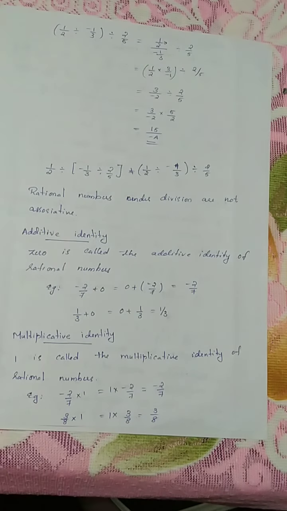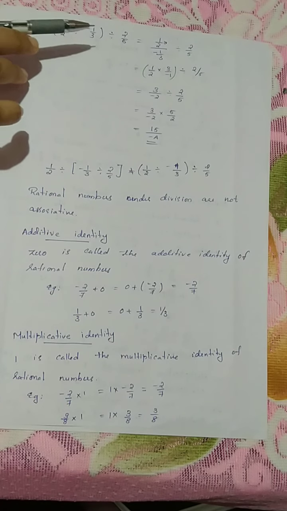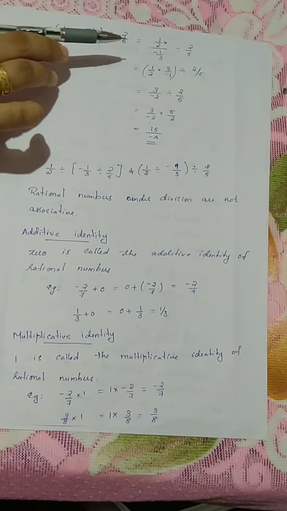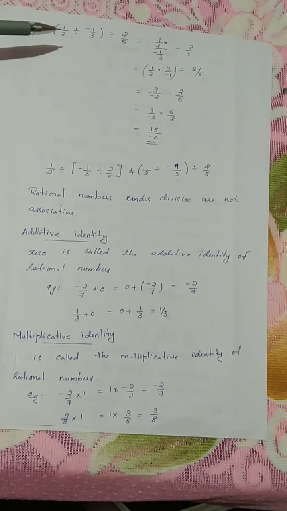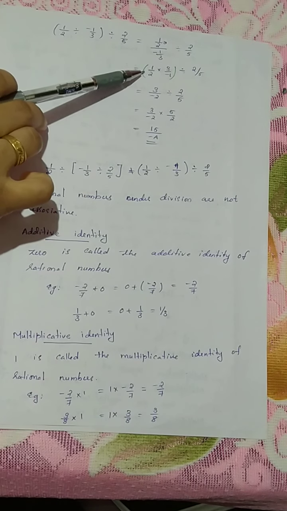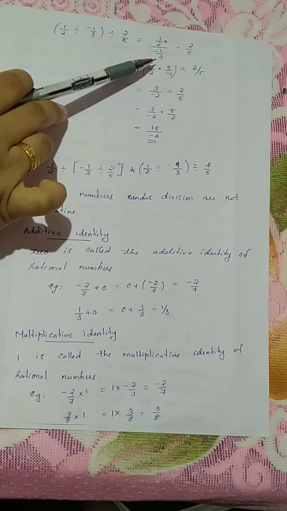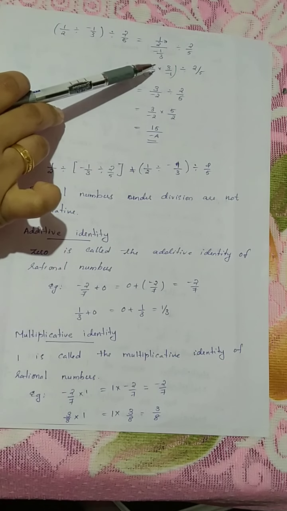Then our right hand side solution, 1 by 2 divided by minus 1 by 3 divided by 2 by 5, which can be written as 1 by 2 into 3 by, the reciprocal of minus 1 by 3 is 3 by minus 1.